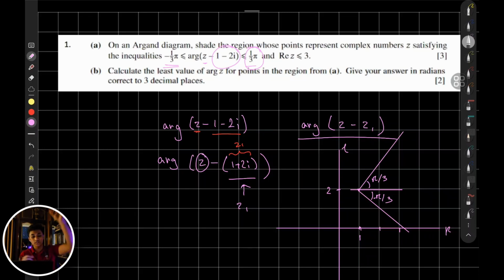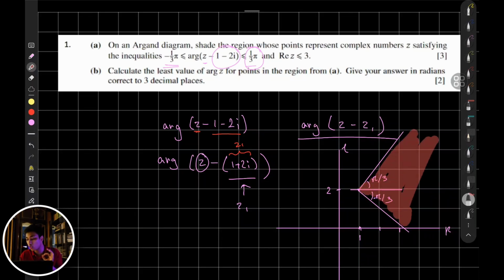So they are trying to tell you that the difference between z and this known complex number will be anywhere between this area, which can go up till infinity, but they've also given another limit. So we're going to consider that as well.